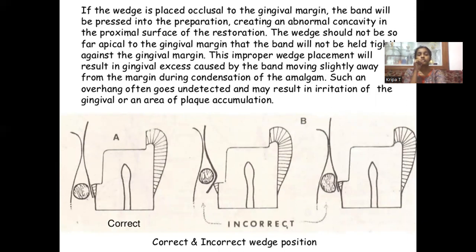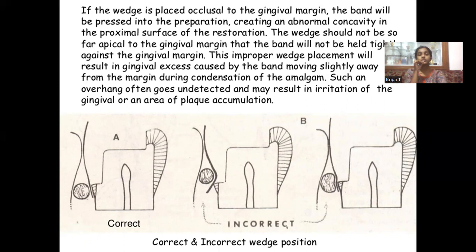In the three diagrams, the first is the correct placement, gingival to the contact area, whereas the other two are incorrect. If the wedge is placed very occlusively, as in the second diagram, the band will be pressed into the preparation, creating a concavity in the proximal surface of the restoration.